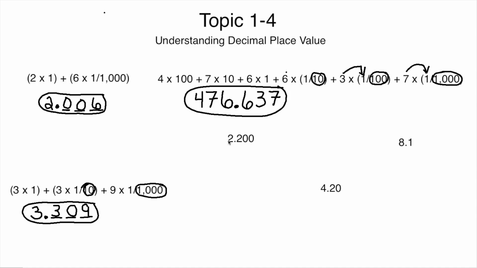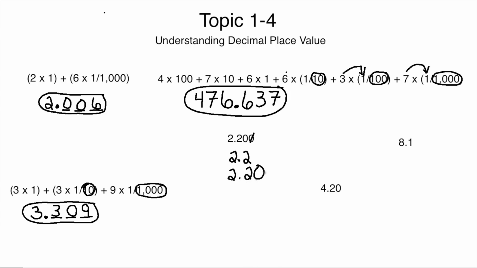Okay, so this is called 2 and 2/10. These zeros have no value. So guess what? That's what you could write first thing, 2 and 2/10. And you could actually just get rid of a 0 and write 2 and 2/10. They like to call it 20 hundredths.